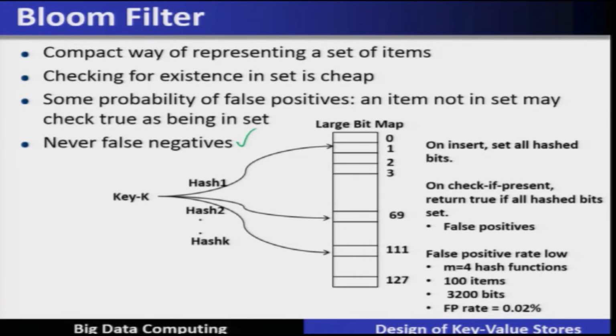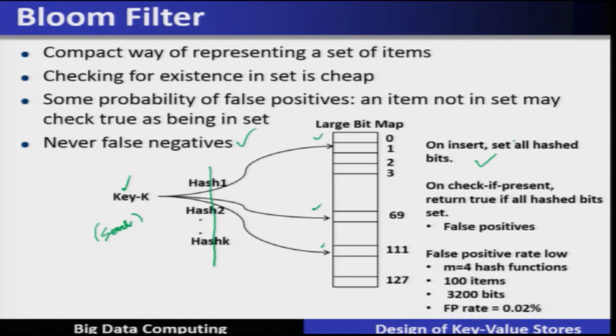The working of the Bloom filter is like this. Whenever we want to search for a key through the Bloom filter, it has to go through k different hash functions, and every hash function will generate a bit, and this bit will be inserted onto a large bit map.